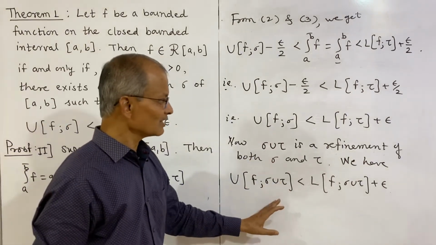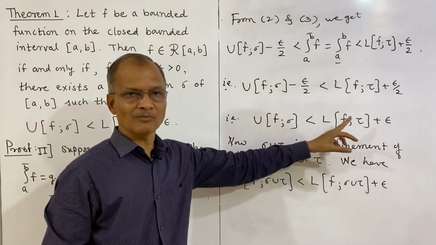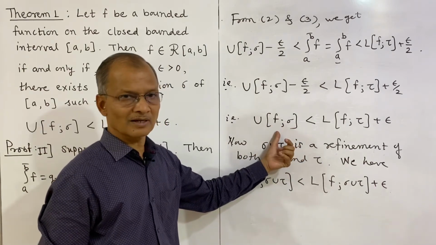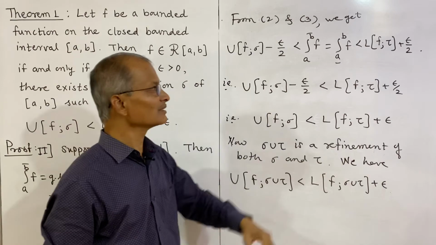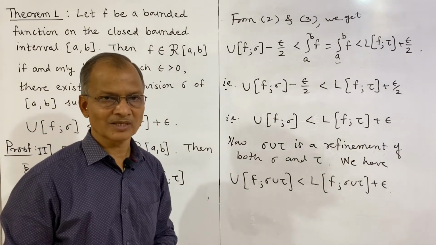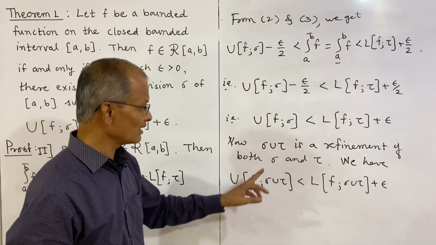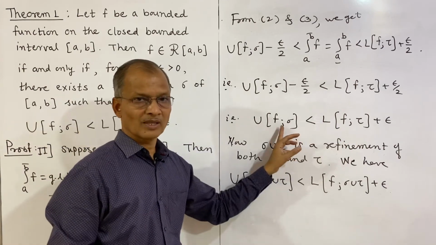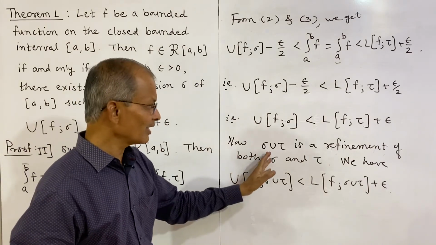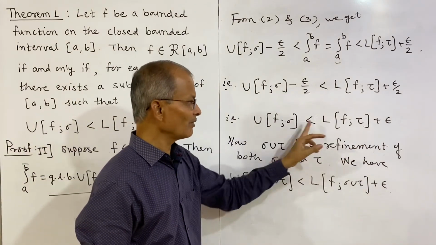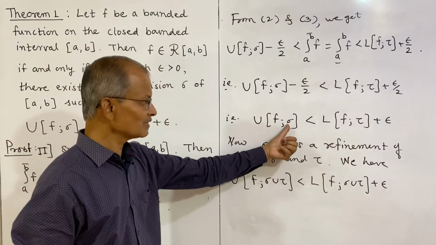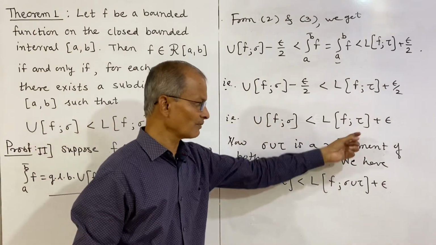Why have we done this? Because here the subdivision may be different. Here the subdivision is considered as sigma, and here we have considered the subdivision as tau. It is not necessary that the subdivision must be the same, but we can make it the same by taking a refinement of both these. So we increase the number of component intervals, that is the refinement, and we can take the refinement as the union of both these subdivisions, and then we can replace each subdivision by this refinement.